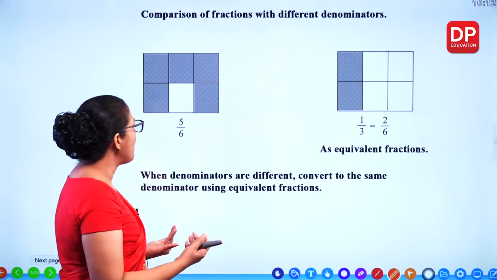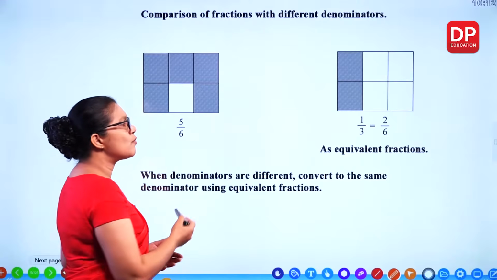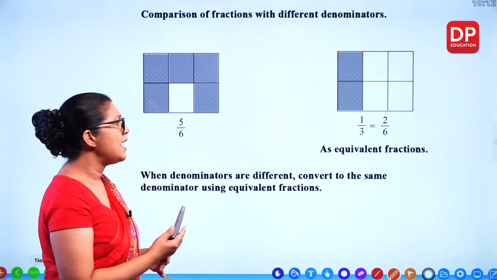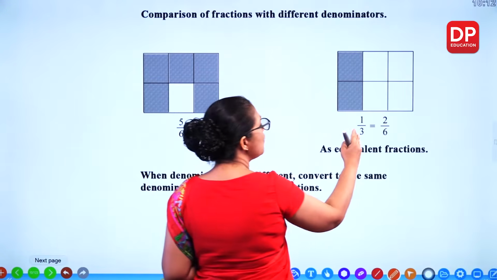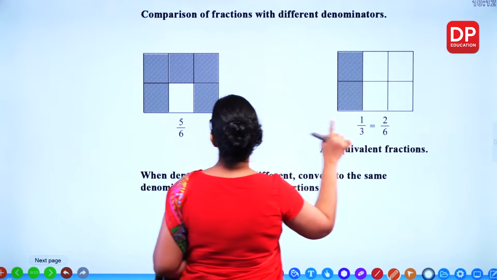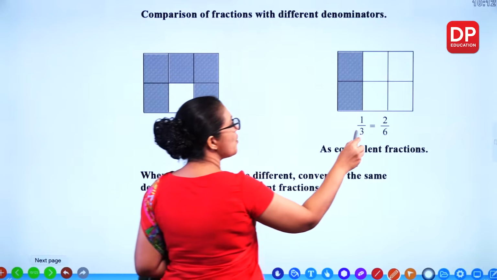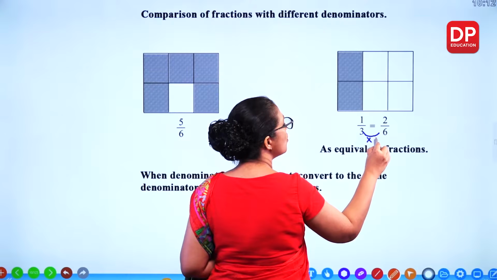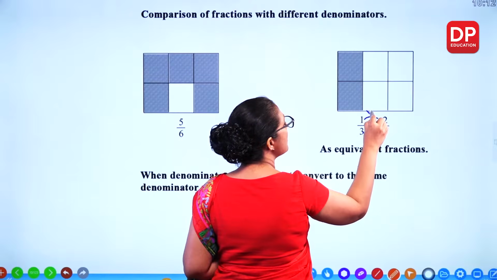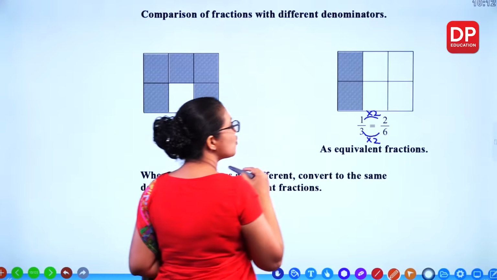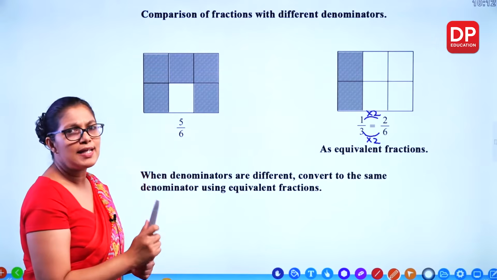Now we can't compare 5 over 6 with 1 over 3. So what do we do? We find the equivalent fraction with the denominator 6. So when you multiply by 2, you get this equivalent fraction, 2 over 6.